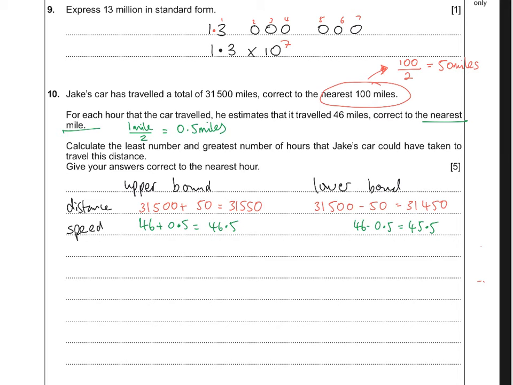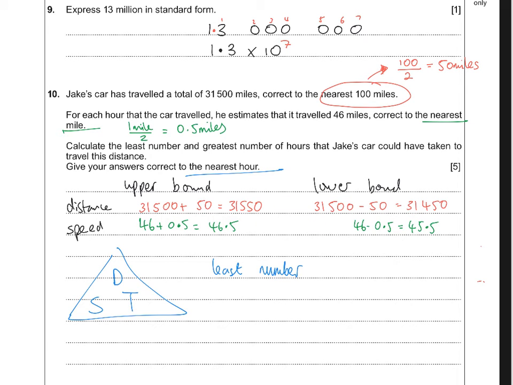Okay then, so to work this out, I need my triangle. So that is speed is equal to distance divided by time. And to have the least number of hours, the least number would be the smallest number of miles that I've travelled, so the lower bound of the miles, but then the car has travelled as quickly as it possibly can, so it will always be some sort of diagonal working here and here.